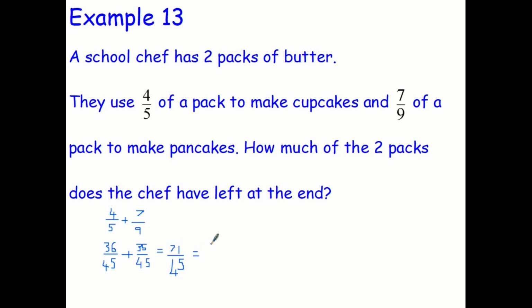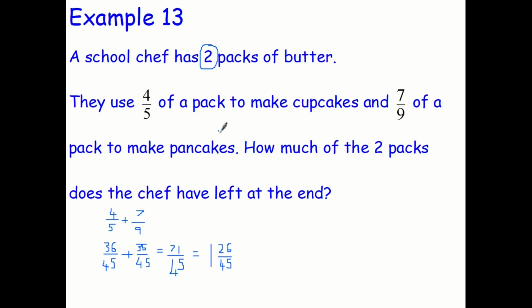Okay, which is 1 whole and 26/45. So if there's 1 whole and 26/45, how many 45ths are there left to make up to 2 whole packs of butter?